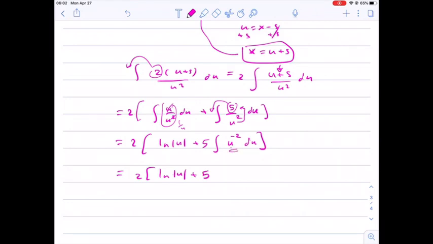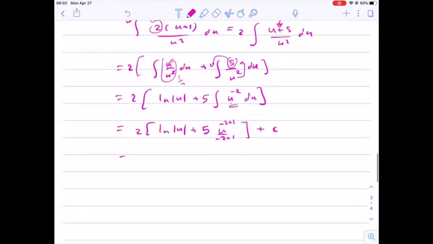Now what is the integral of u to negative 2? It's u to negative 2 plus 1 over negative 2 plus 1 plus c. Simplify more, we have 2 ln absolute value of u. Now this is negative 1, so minus 5, and this is u to negative 1, so we can bring it down to get u to plus 1, so plus c.